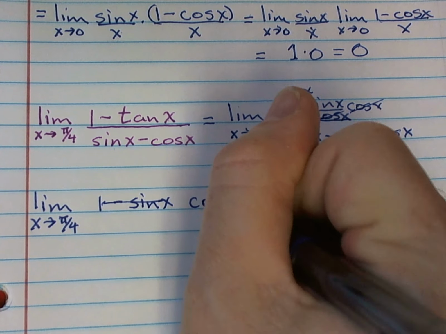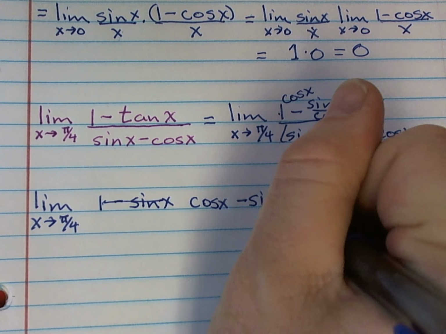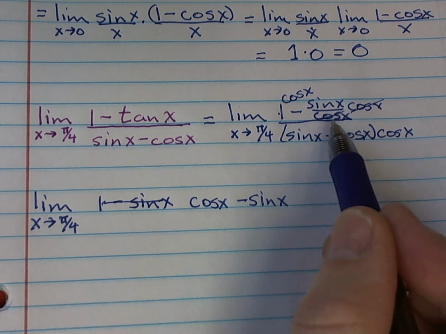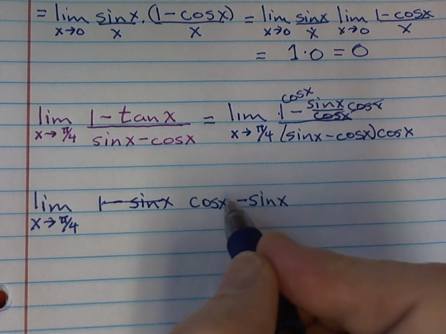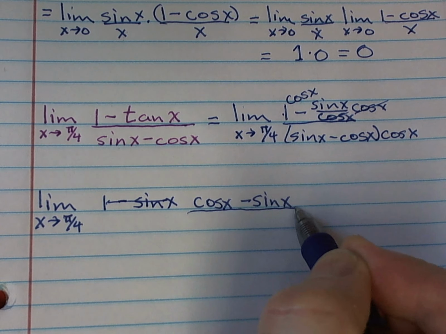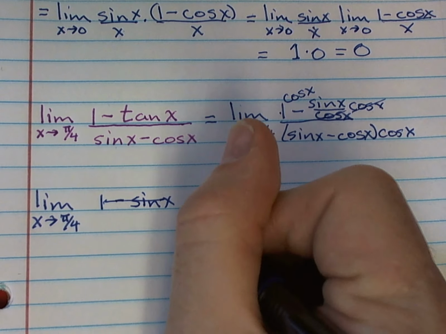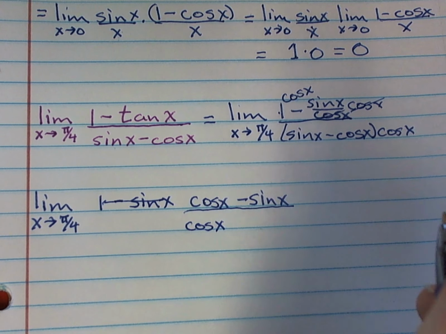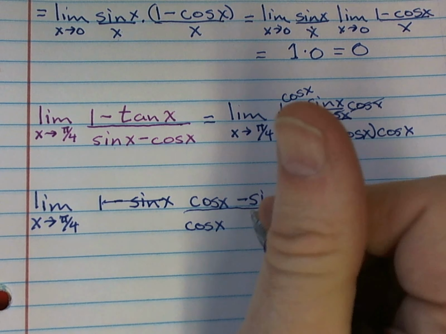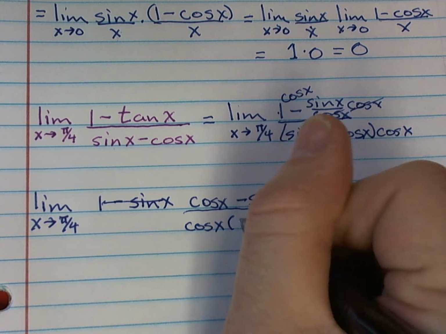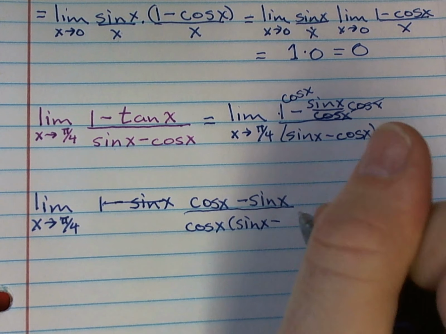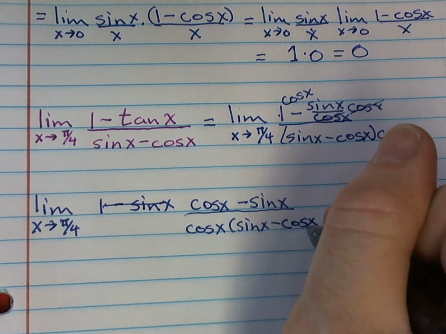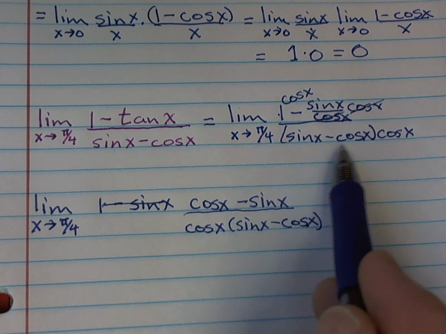That's what I've got up top. Now, down on the bottom, I've got cosine x times sine minus cosine, right? Nothing's changed. I thought I was going to distribute through or something, but I'm not.